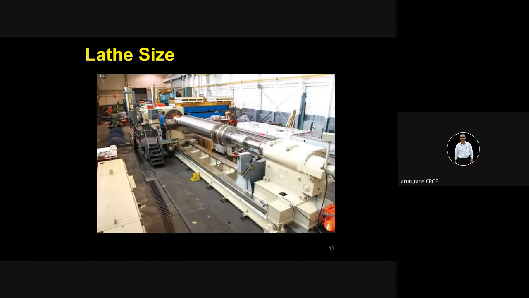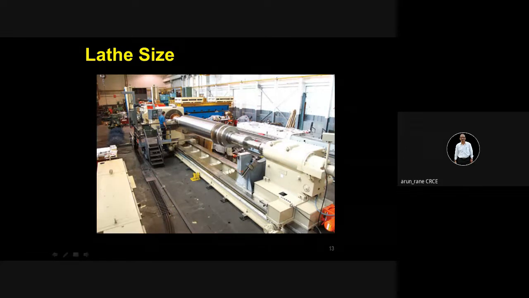This is how the roll turning lathe looks, and this is a CNC roll turning lathe. What you can see is the press brake machine, which is used for cutting the sheet into strips. This blue color one.